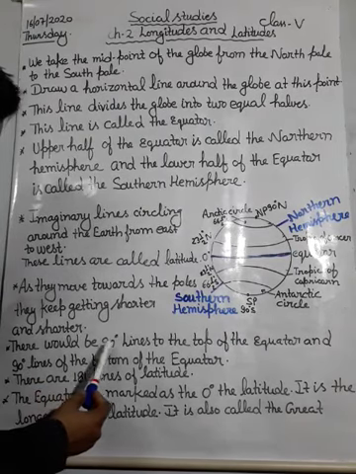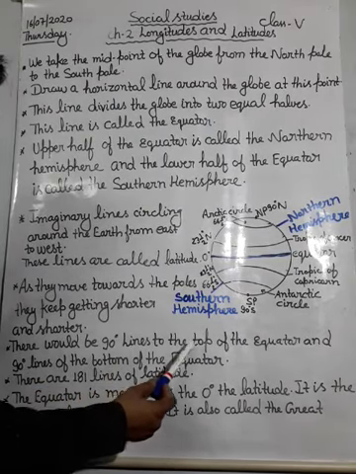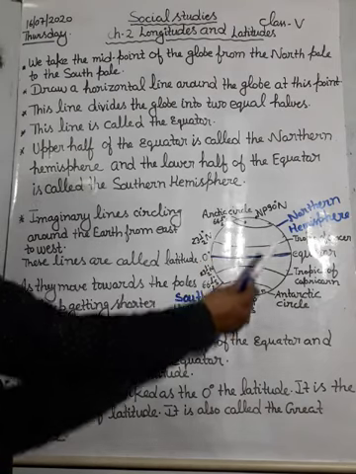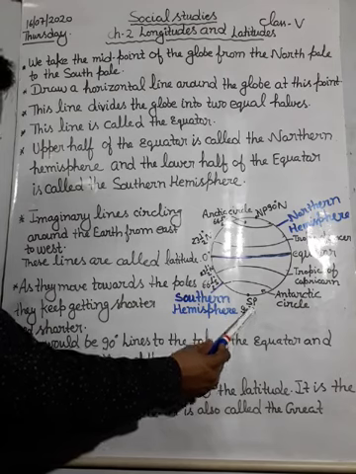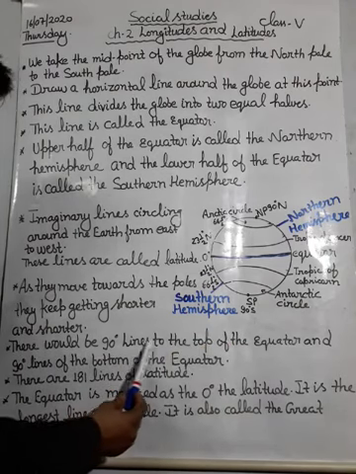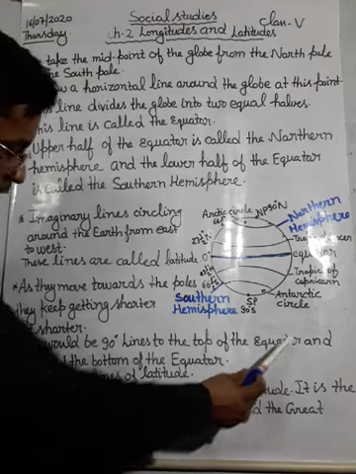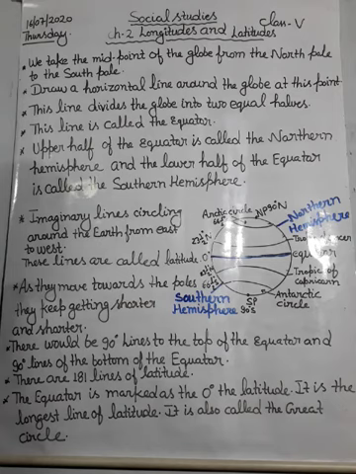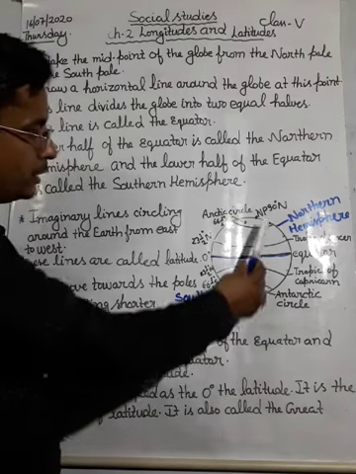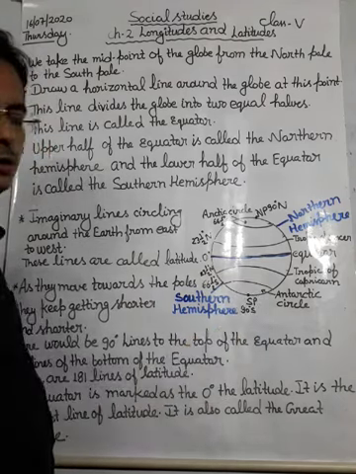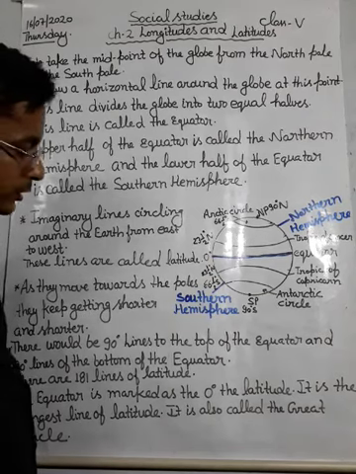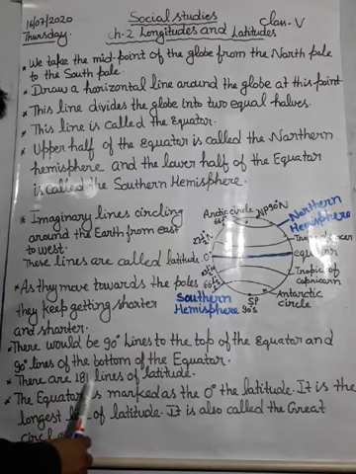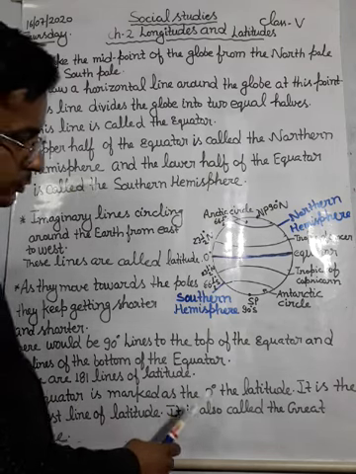There would be 90-degree lines to the top. You can see here 90-degree north pole and 90-degree south pole, 90 degrees to the top of the equator and 90 degrees to the bottom of the equator. And after that there are 181 lines of latitude.